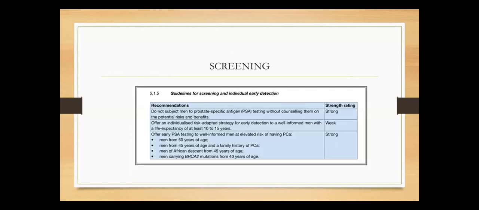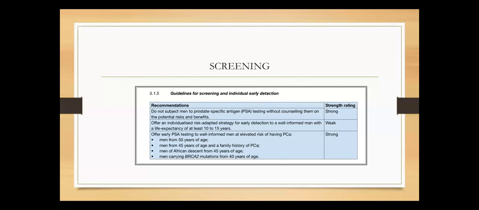With the EAU guideline recommendations, prostate biopsy should be offered to men with elevated risk of prostate cancer, with age above 50 years, and age above 45 years with a positive family history of prostate cancer.